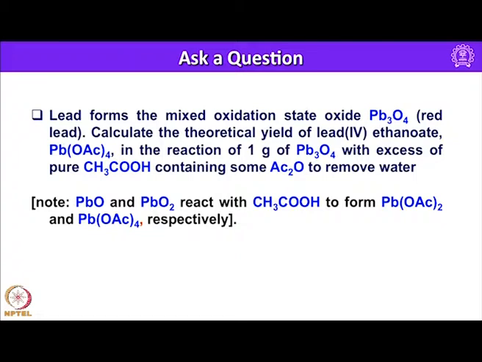Essentially, the role of acetic anhydride is to remove water to give back acetic acid. And note that PbO, the plus 2 state, and PbO2, the plus 4 state, react with acetic acid to form lead acetate and lead tetraacetate respectively. Okay. So, let me work out this problem here.